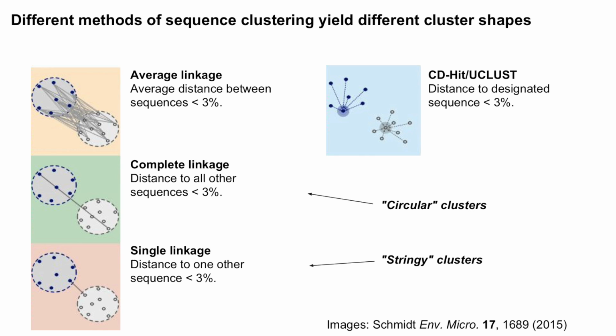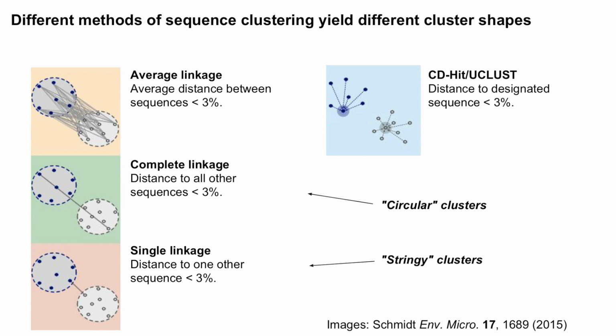So when you start out, they're all in different clusters, and then you put them together in clusters according to one of these three methods. So you can require that the average distance between points in both clusters is less than 3%, for example. You can require that all the points in each cluster are similar to each other. That's called complete linkage.